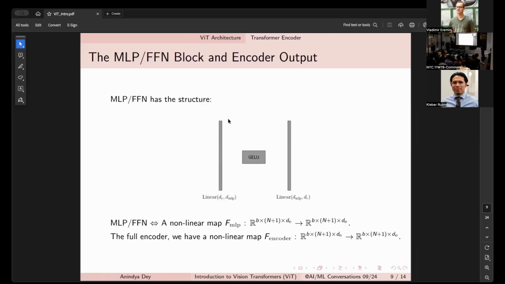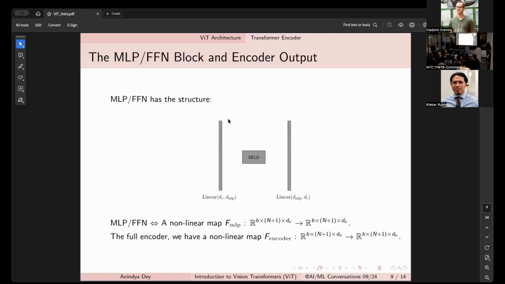That means the full transformer encoder also preserves the shape, and since there are multiple layers of them, the full thing will also preserve the shape. So what the transformer encoder is doing is just producing a nonlinear map which preserves the shape of the 3D tensor.